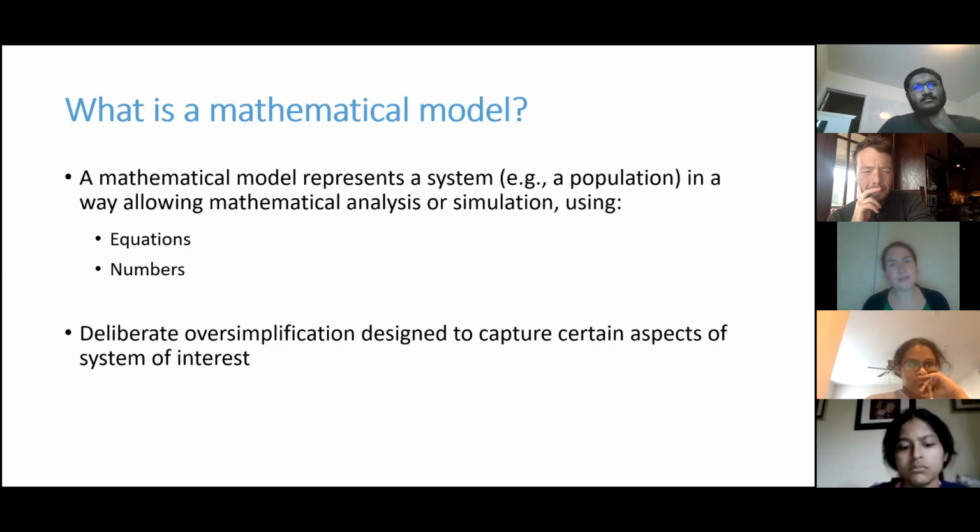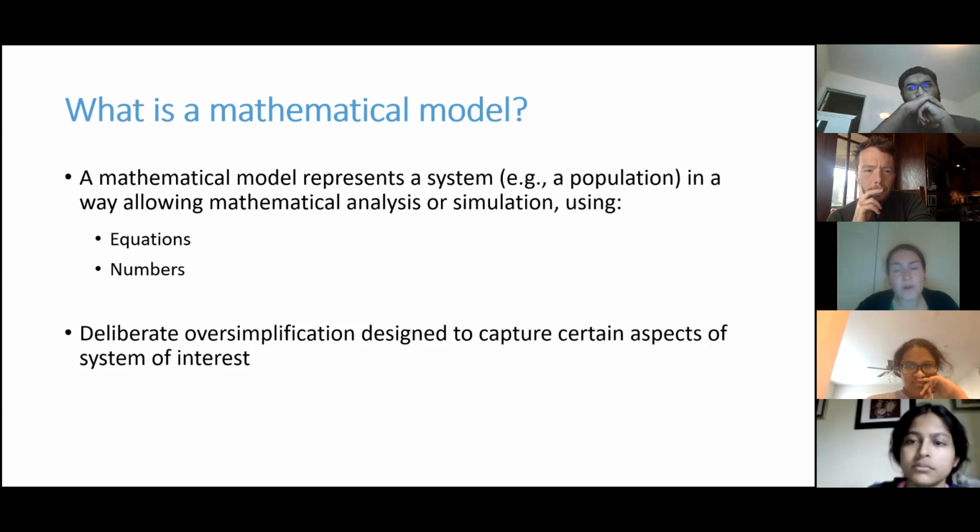For example, and this is usually the example that is applicable in the cases where we're modeling an infectious disease, a population. So a mathematical model represents a system, in our case a population, in a way that allows us to mathematically analyze or simulate the system in which an infection is being transmitted using basically just equations and numbers.